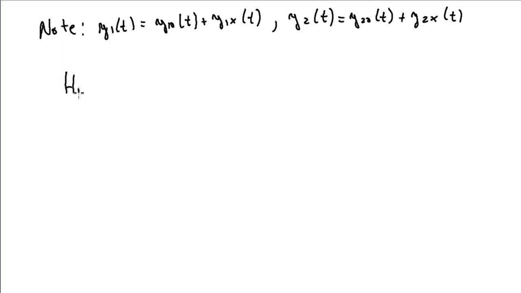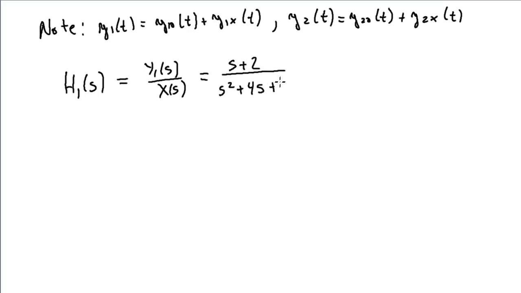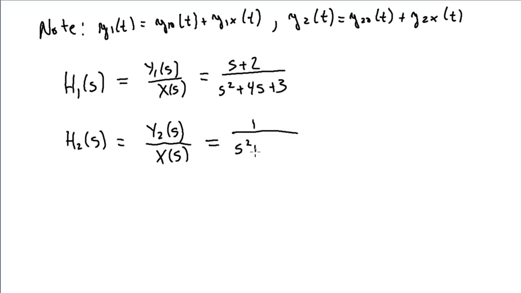So I can easily find the corresponding system transfer function between the input and y1. That's y1 of s over x of s. And we found that actually to be equal to s plus 2 over s squared plus 4s plus 3. And then similarly, the transfer function between the input voltage source and the second mesh current is defined as that current over the input, and we found that to be 1 over s squared plus 4s plus 3.